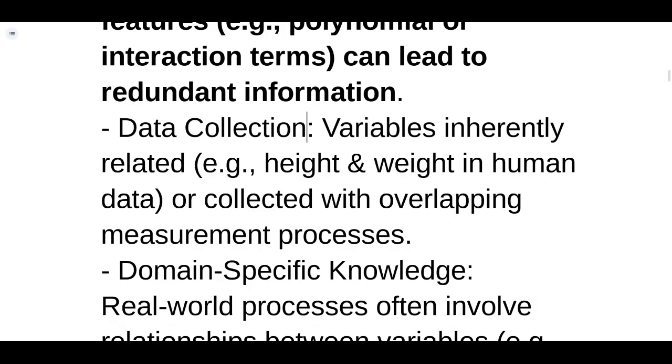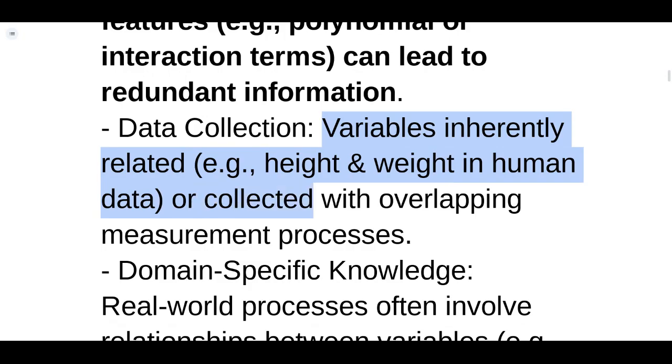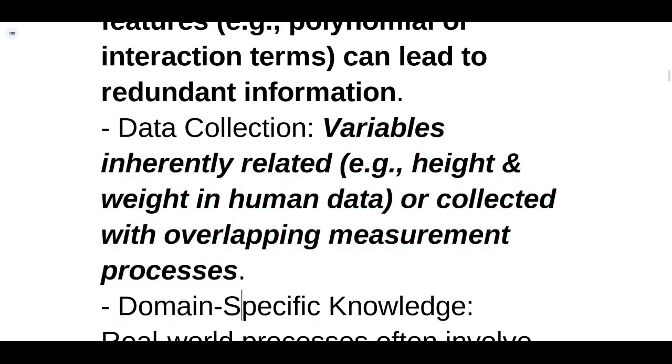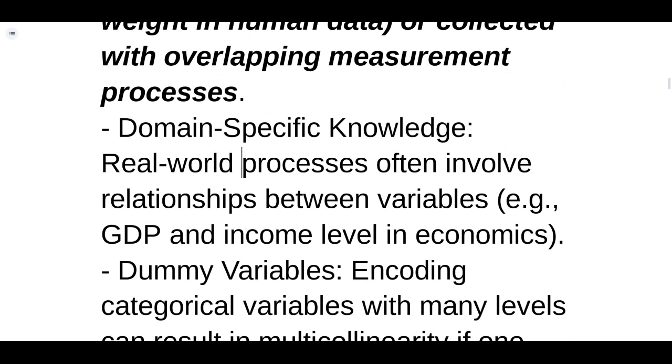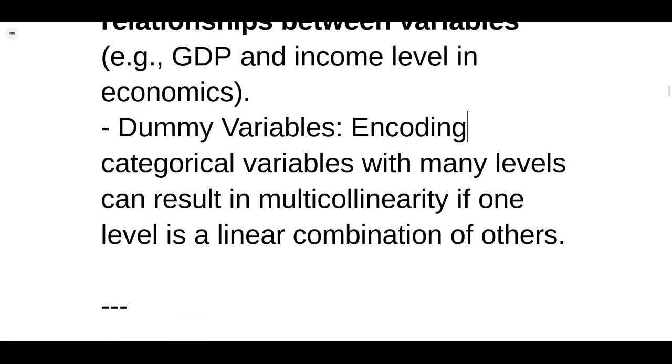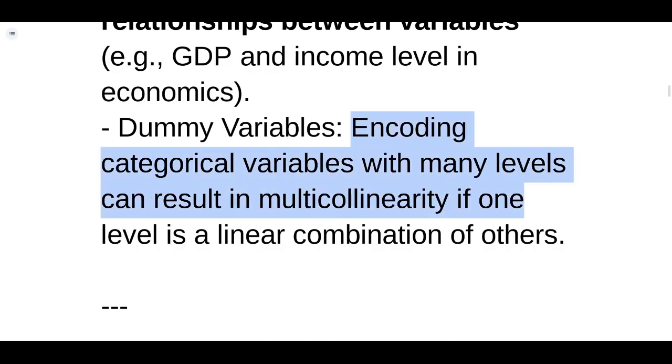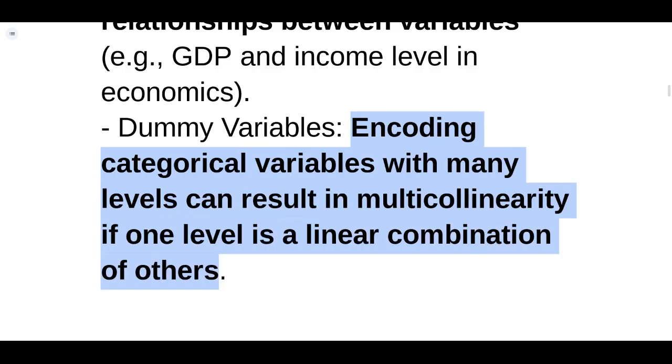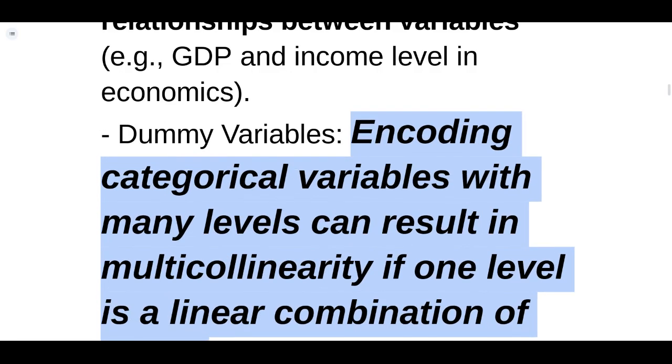Then, data collection: variables inherently related, such as height and weight in human data, or collected with overlapping measurement processes. Then, domain-specific knowledge: real-world processes often involve relationships between variables. Then, encoding categorical variables with many levels can result in multicollinearity if one level is a linear combination of others. This is very interesting.